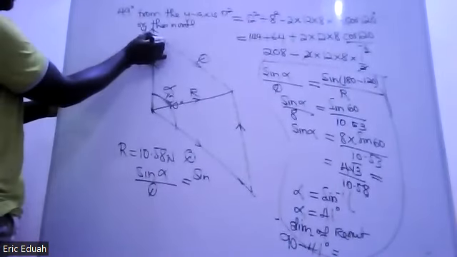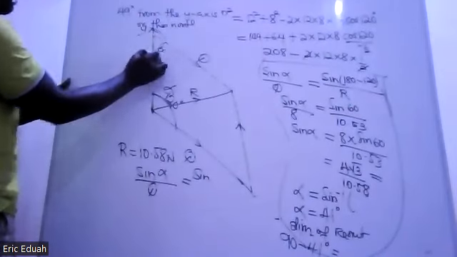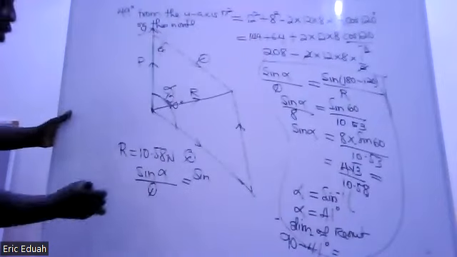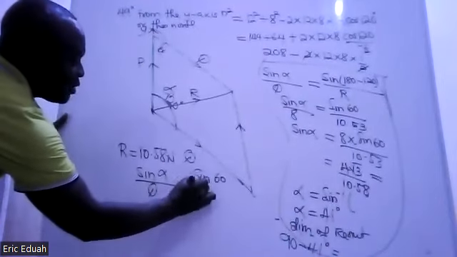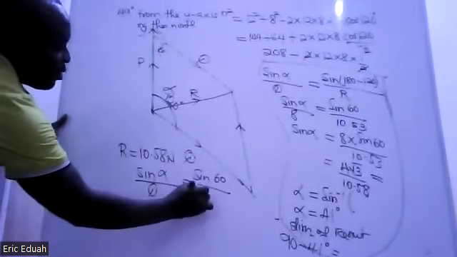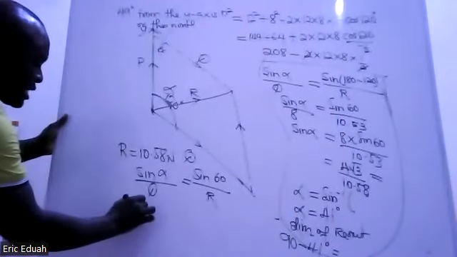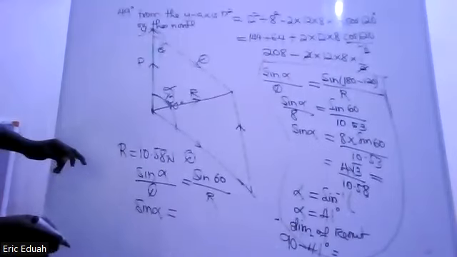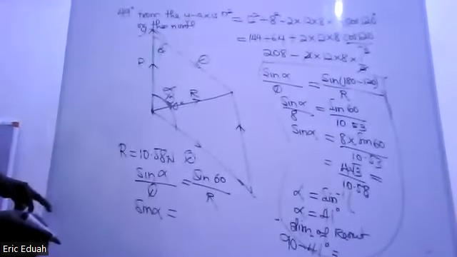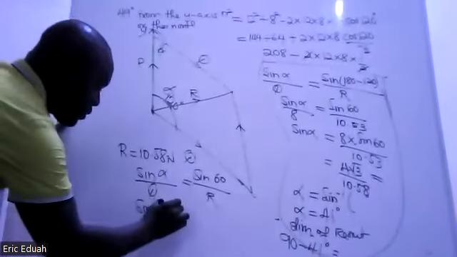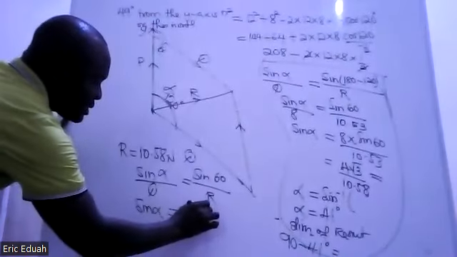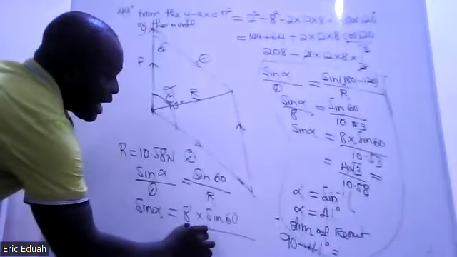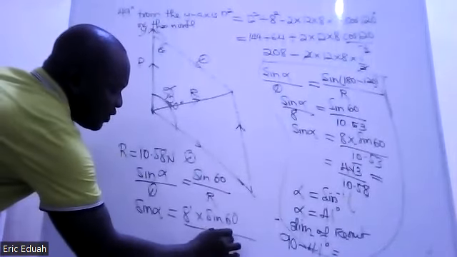So this 120, so this is 60. This is also 60. So sine 60 over R. Therefore, sine alpha is equal to Q times sine 60 over R. What's the value of Q? 8. So 8 times sine of 60 divided by R, 10.58.